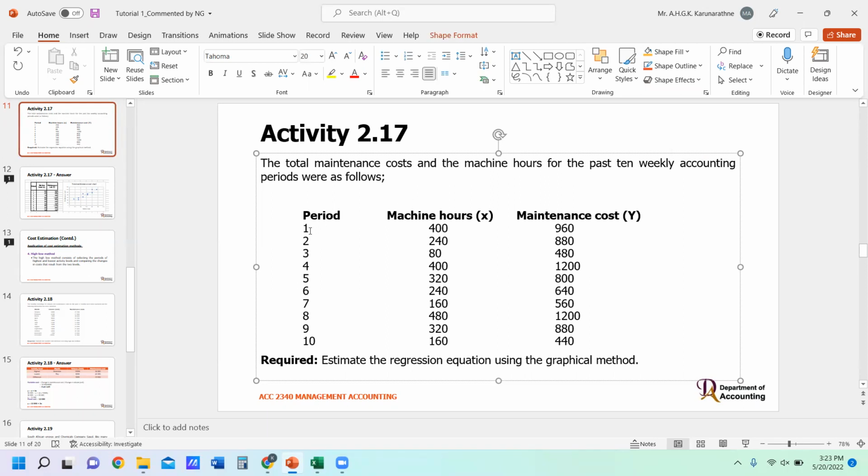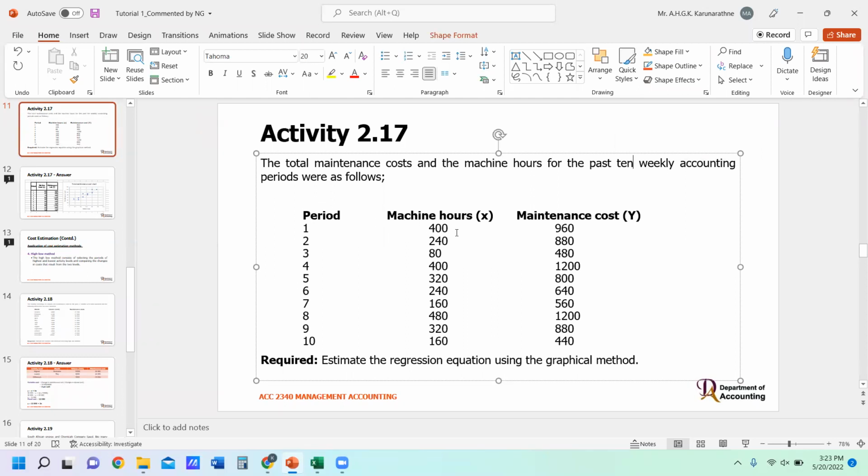You are given information for 10 weeks, and these are the actual figures for the past periods.